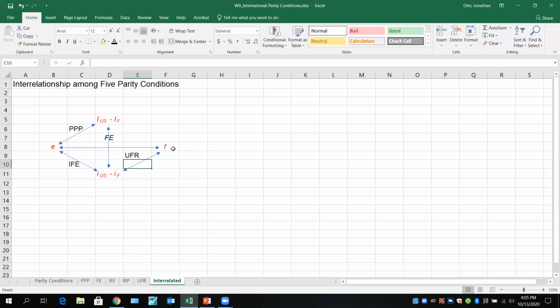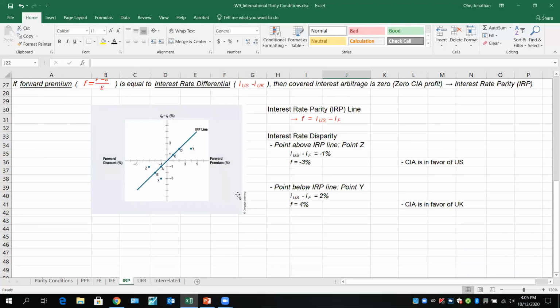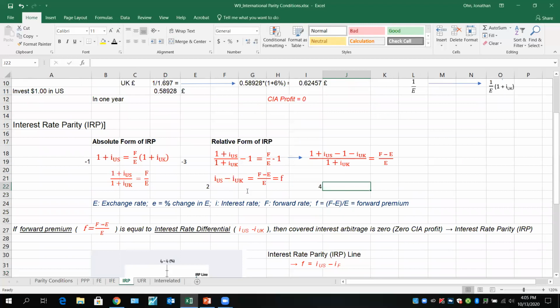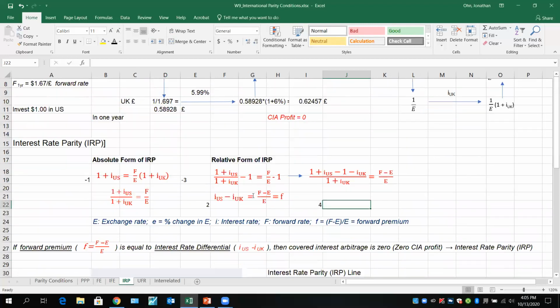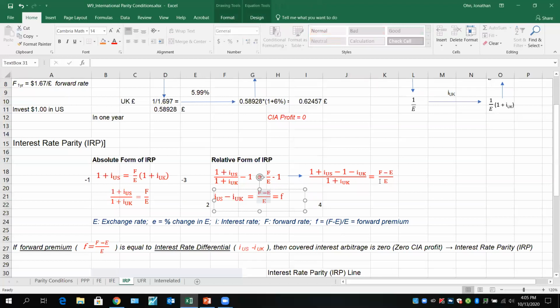Now, here, the exchange rate forward premium, if you go back here, the forward premium is this one, right? The forward premium and the relative interest rate.